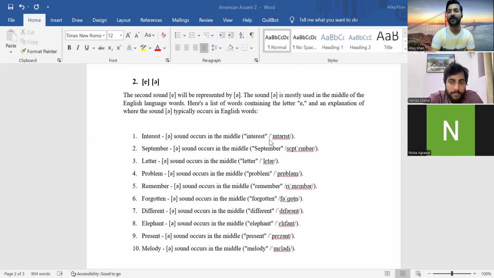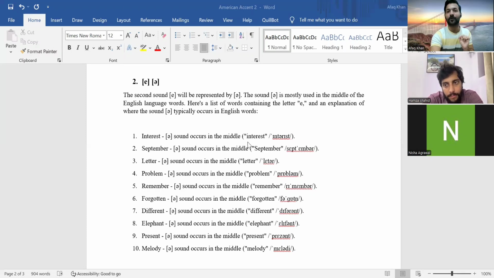Just have a look at this transcription. Interest. It isn't like this. It is interest. But here, the letter E that is in the middle and that occurs after the T sound, that's actually the schwa sound.